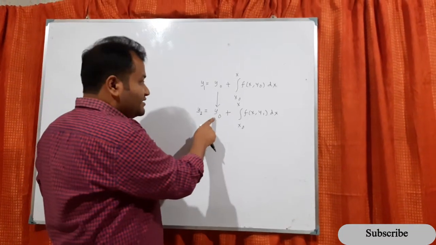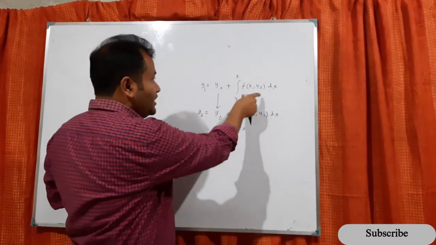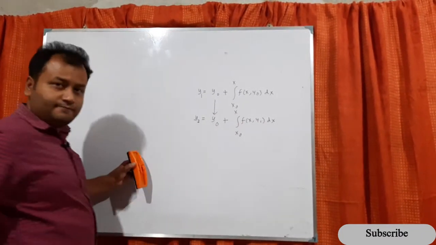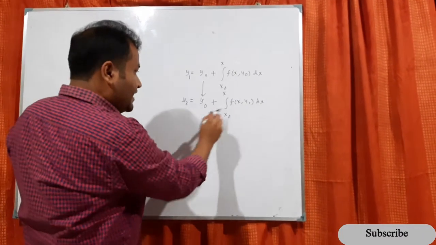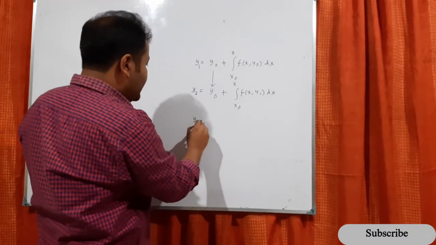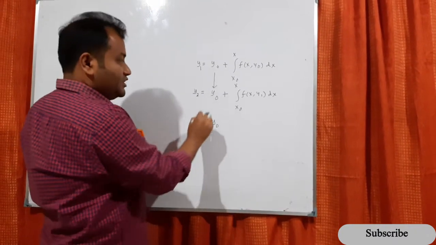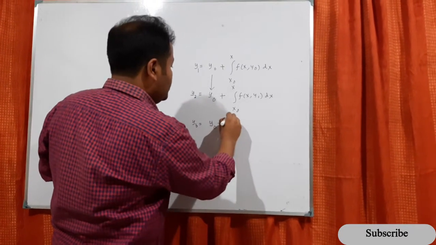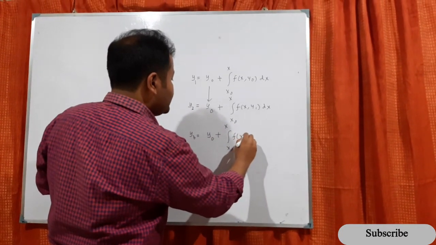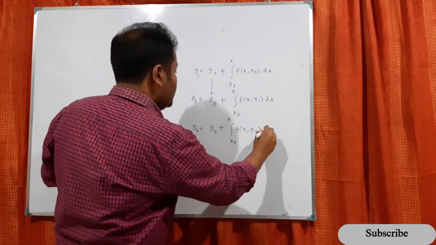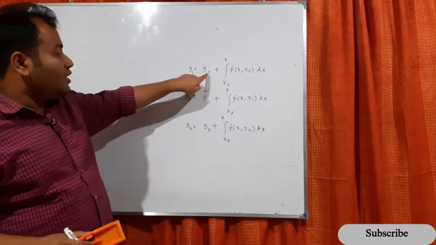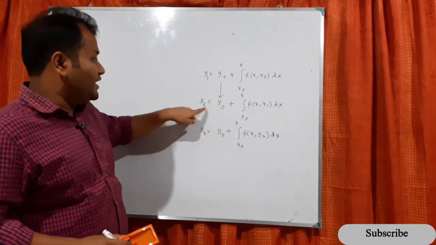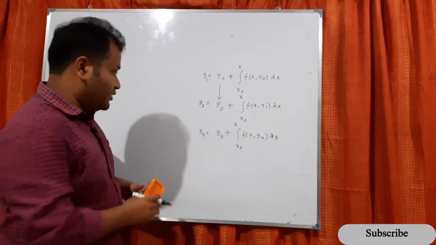So don't change this term, only replace y with y1 within the integration sign. Okay, so I get y2. So what will be y3? y0 will not change, and within the integration you change to f of x, y2 dx. So from y0 we get y1, from y1 we get y2, from y2 we get y3, and so on.